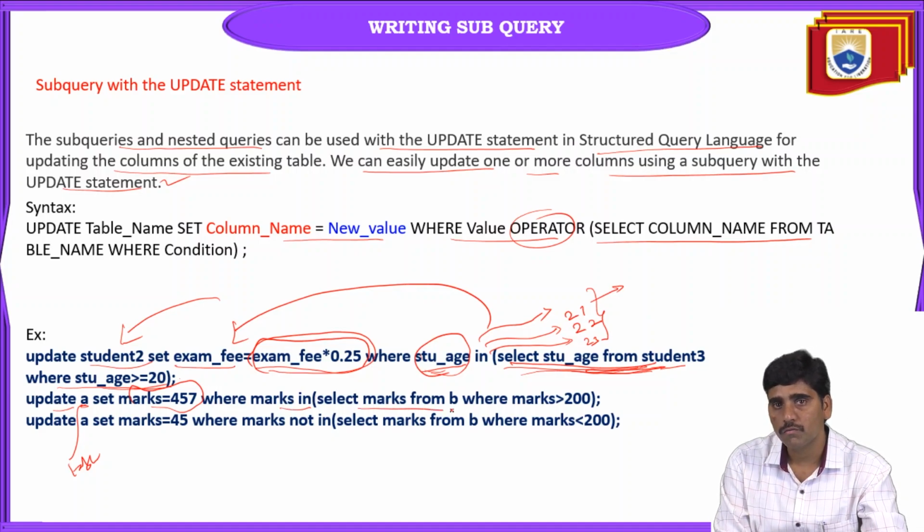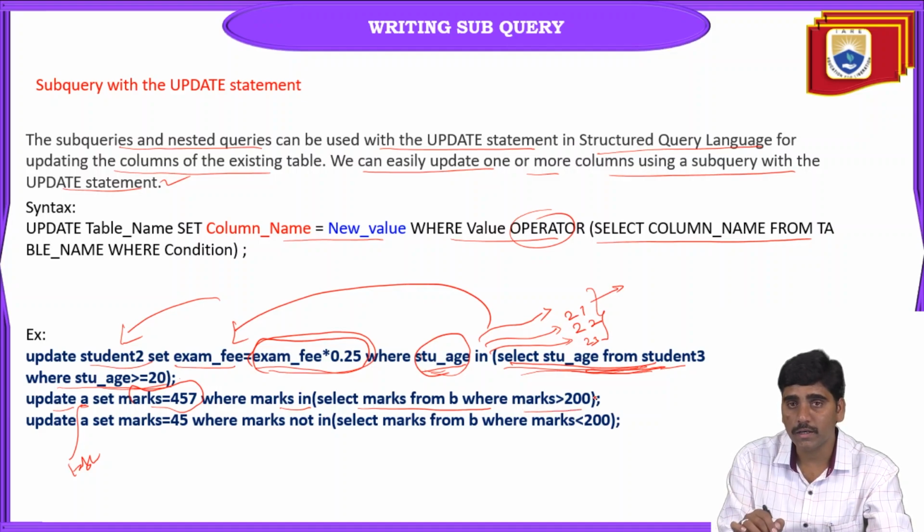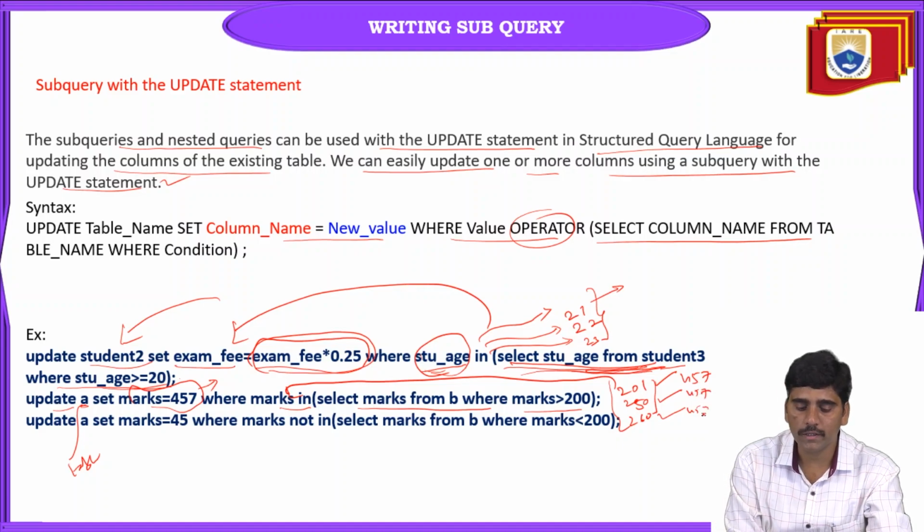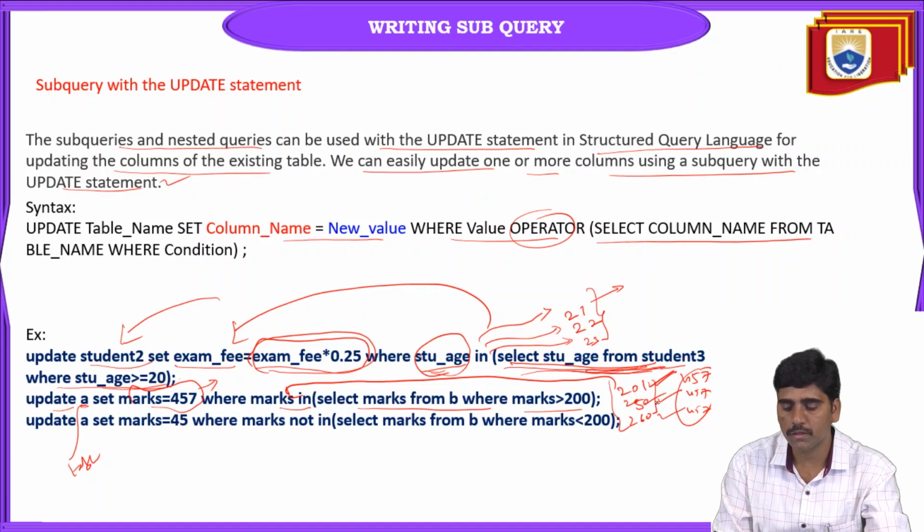We need to update the marks to 457 constantly, where marks in (select marks from B where marks > 200). Whoever has marks greater than 200, like 201, 250, 260, those marks will be updated with 457. This is the way you can write a subquery with the update statement.